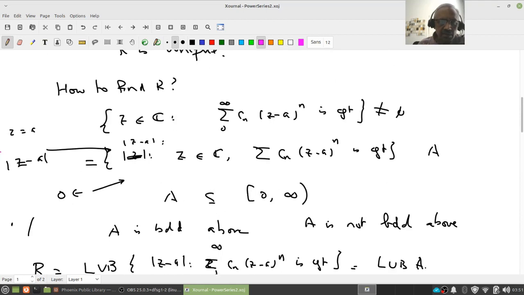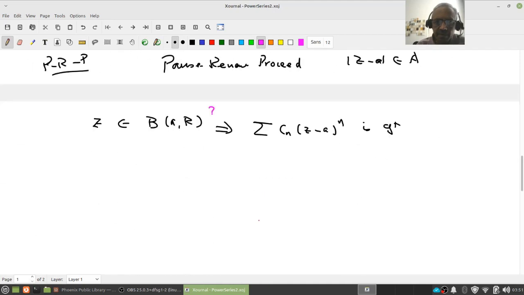Just make sure that you understand. I'm just trying to give an example. Suppose my R equals 3. Alright. And if you take a z such that mod z minus a equals 2, I do not know whether summation Cn z minus a to the power n is convergent. You do not know.